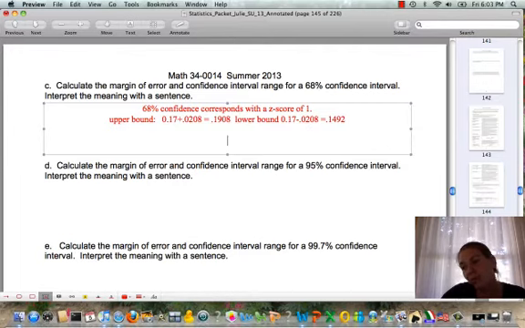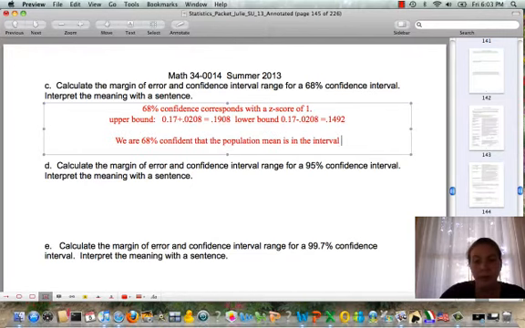So we can interpret this to say that we are 68% confident that the population mean is in the interval 0.1492, so I'm typing the lower bound first, up to 0.1908.